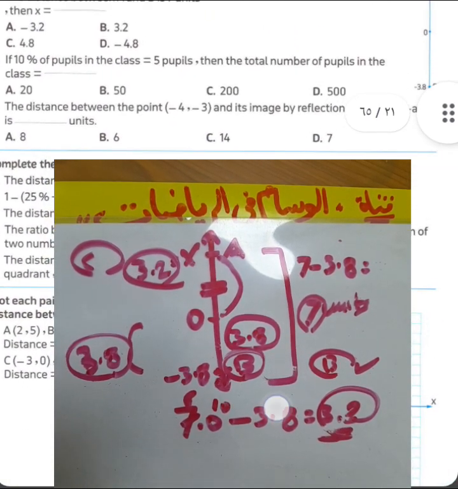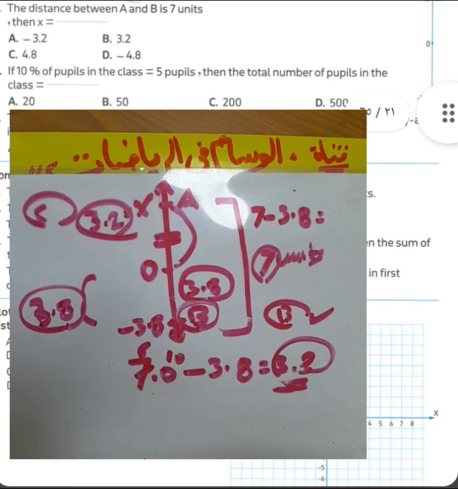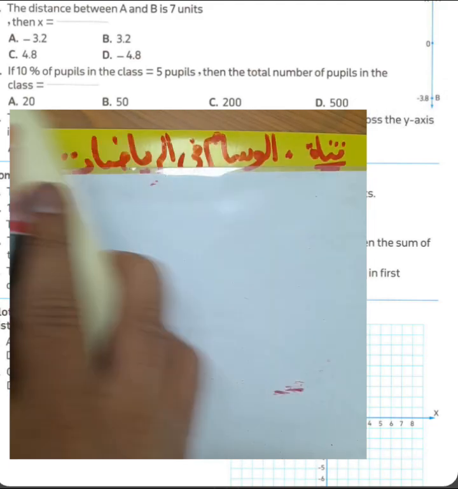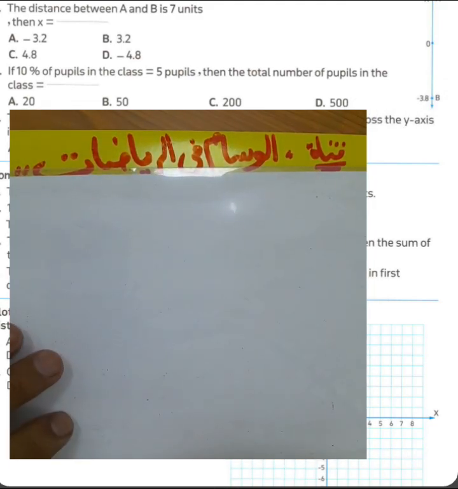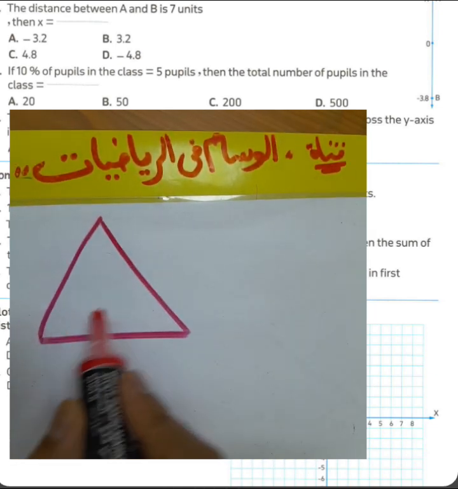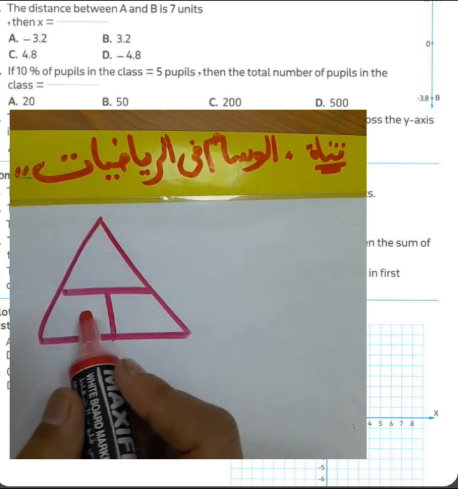Letter D. If 10% of pupils in the class equal 5 pupils, the total number of pupils in the class equals what? We want to find the total number in the class. How do we find the result? First, you must draw this triangle and divide it into 3 parts.